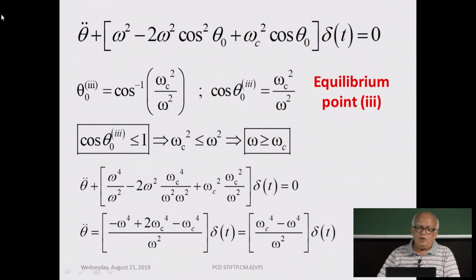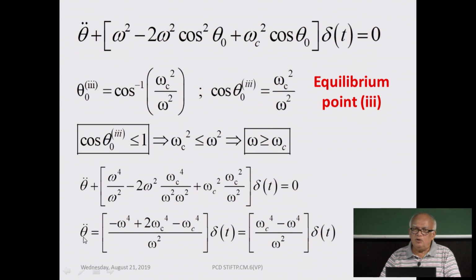So, now you can put this condition over here, because cosine theta 0 is equal to omega c square over omega square.